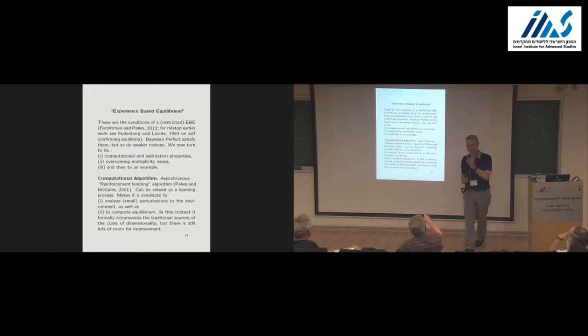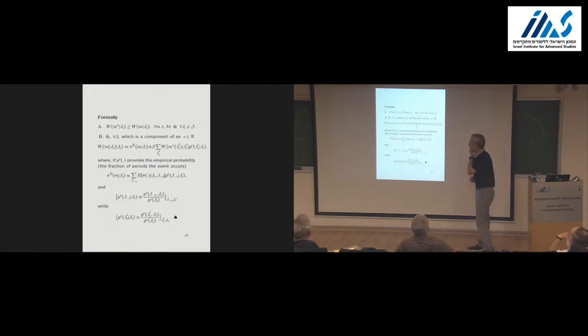On the previous slide, if you could go back. So you have the fourth line. This one? No, the fourth line. This one. So you have the empirical distribution. I'm sorry, it's the next equation. That one?